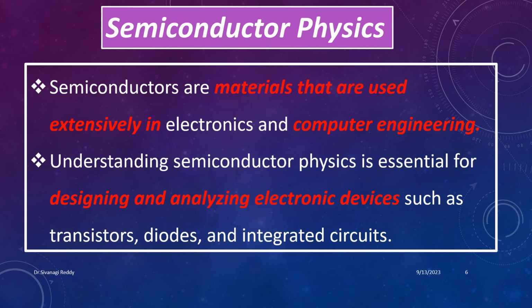There is also a special class, superconductors. Semiconductors are used in transistors, diodes, and integrated circuits. In order to understand how they work and which type of materials we want to use, the study of semiconductor physics and semiconducting materials is the basic criterion. So semiconductor physics also has a crucial role in computers.